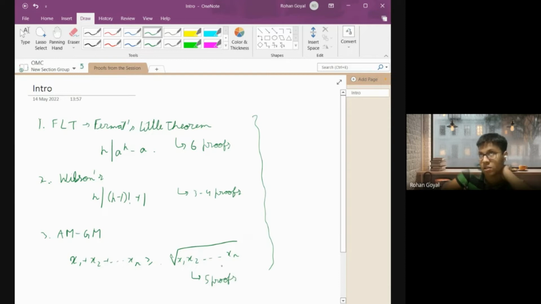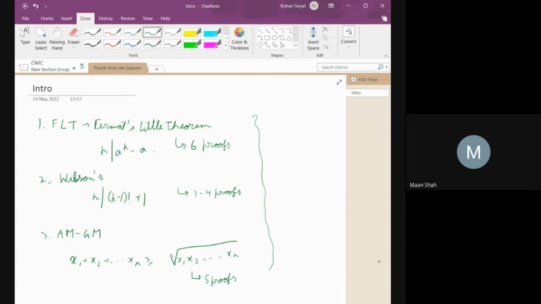I know at least 8, but I think I'll go over 5 ideas at least. So this is the plan for today. Have any of you not seen these statements before? You can speak up. I think it's preferable if you all speak. I have seen all three. Okay.